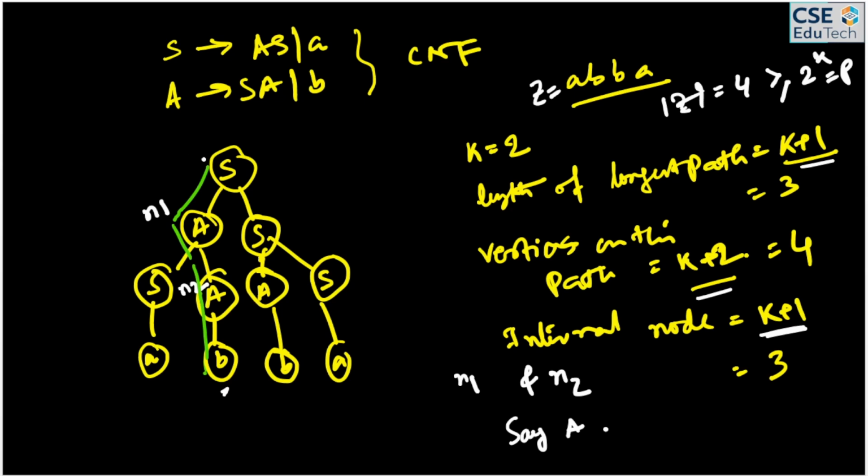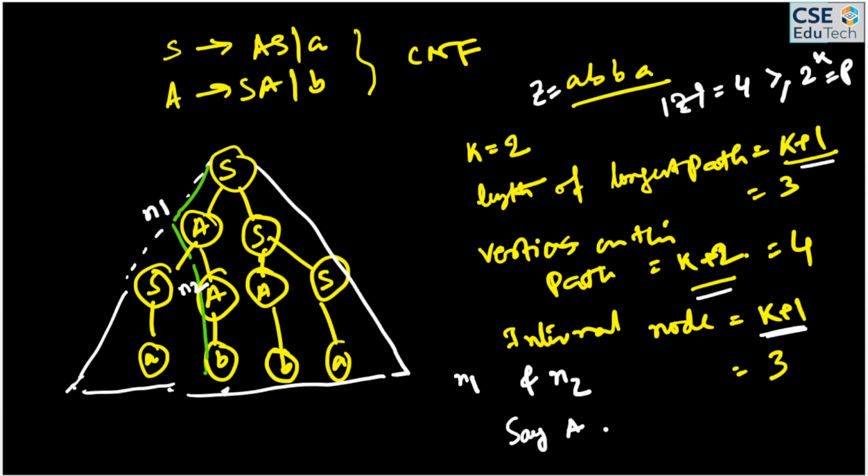So, as we have mentioned, it basically forms a pyramid-like structure, and we also consider the yield of the tree rooted at n2. We consider that it is w.